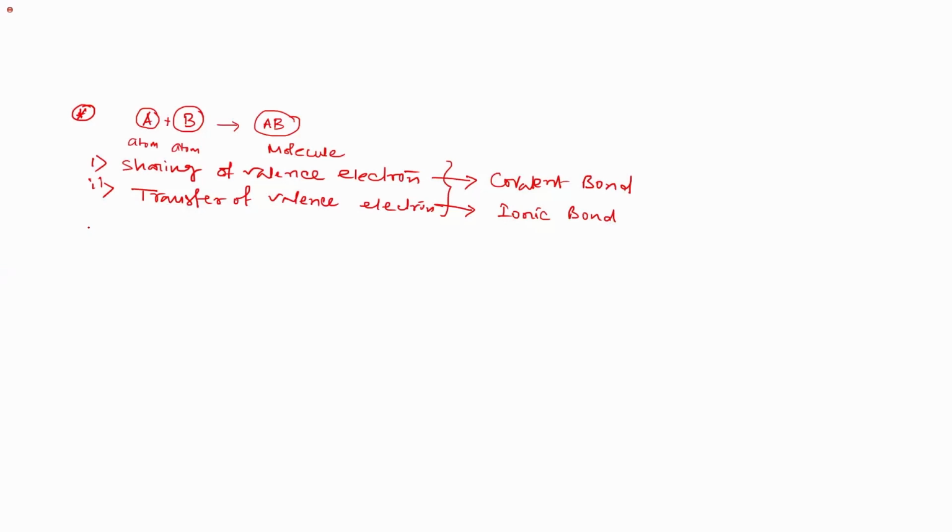To describe chemical bonding in detail, Kossel and Lewis gave an approach in 1906.